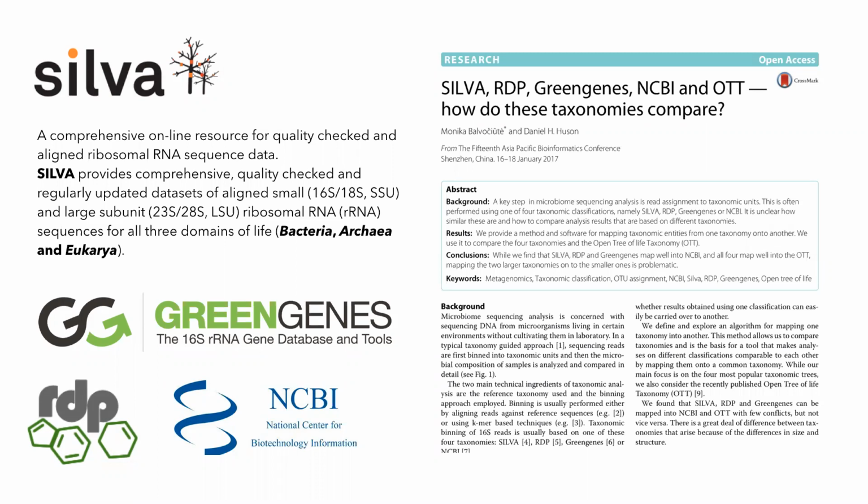The quality of databases, what kind of information they contain, how this information is organized to represent the taxonomy, for example, the Open Tree of Life taxonomy, and how manually curated the information is will play a big role in how we will be able to interpret the results of our analysis.